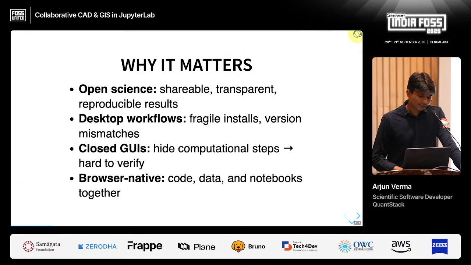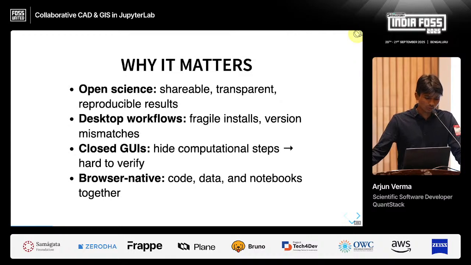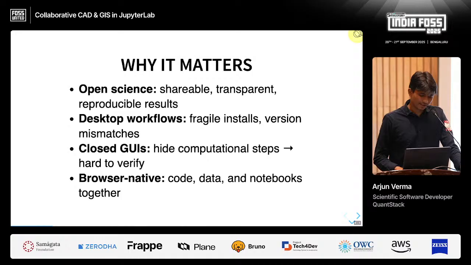So why does it matter? Why did we start to build JupyterGIS and JupyterCAD in the first place? Because science should be shareable, transparent, and reproducible at any point of time. But these desktop workflows are quite fragile, based on versions and installs and a lot of things going on.